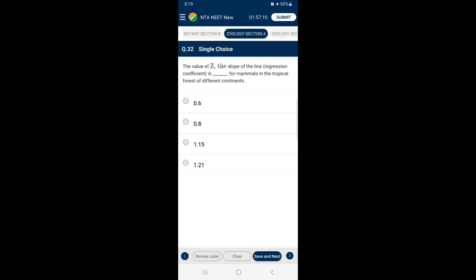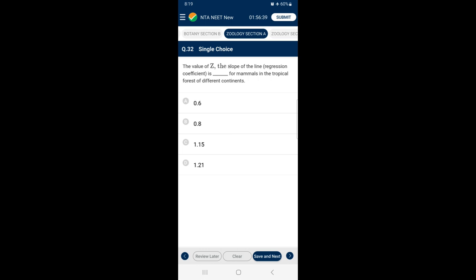Question number 32. The value of Z, the slope of the line, that is the regression coefficient, is for mammals in the tropical forest of different continents. Alexander von Humboldt derived the species area relationship and observed that within a region, species richness increased with the increasing explored area, but only up to a limit.